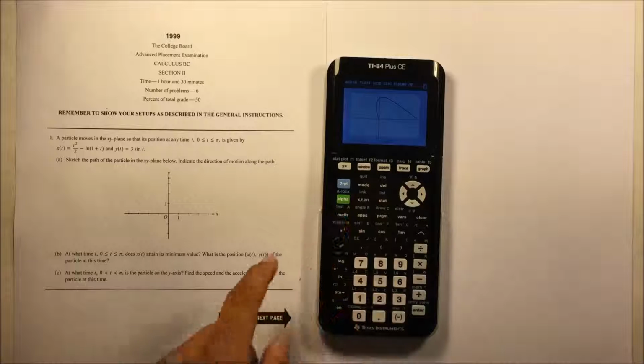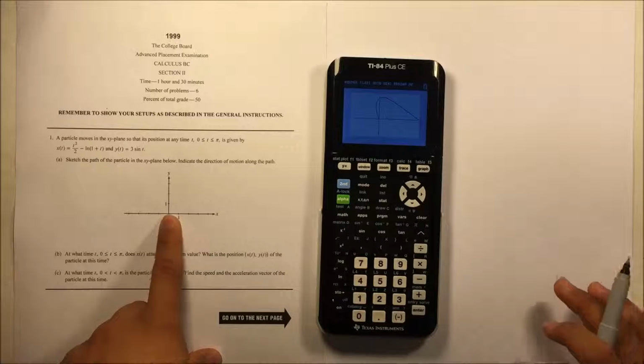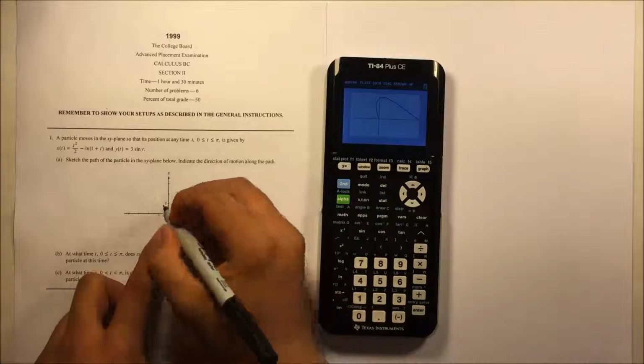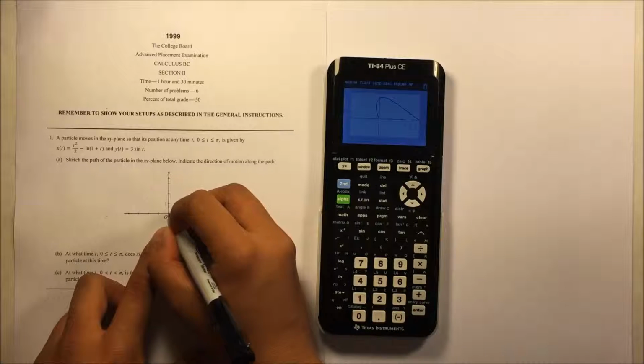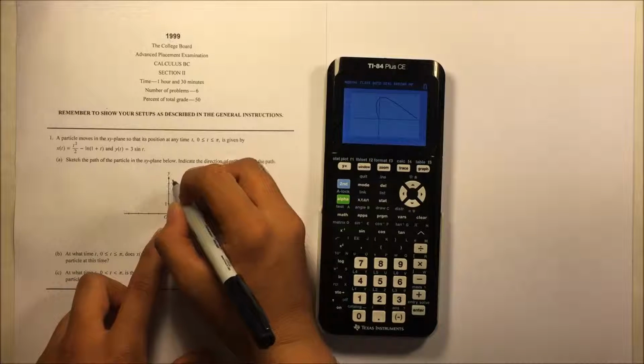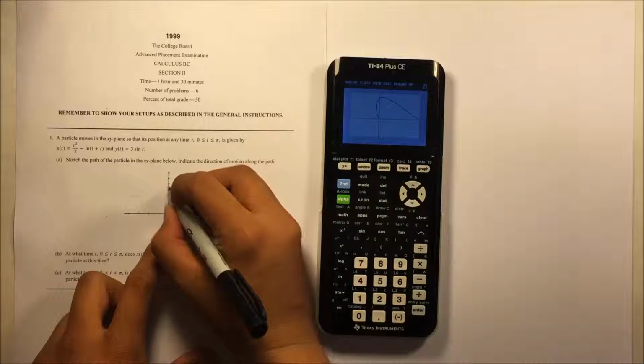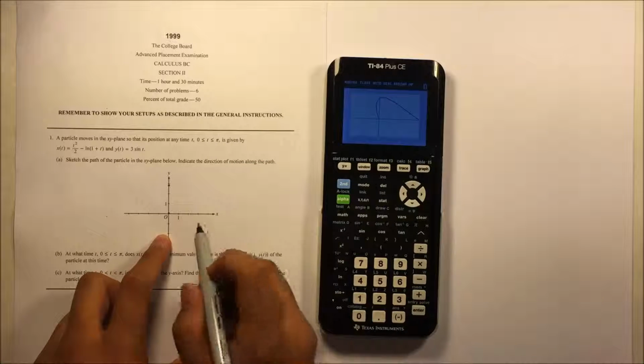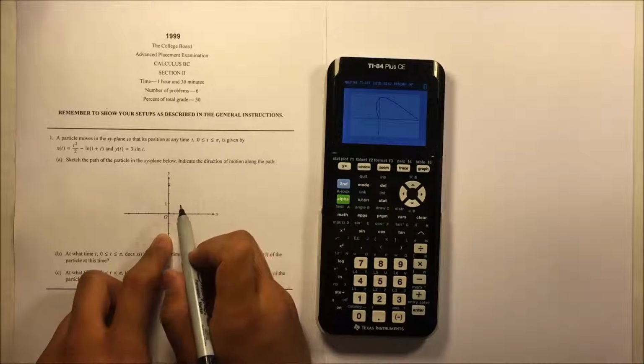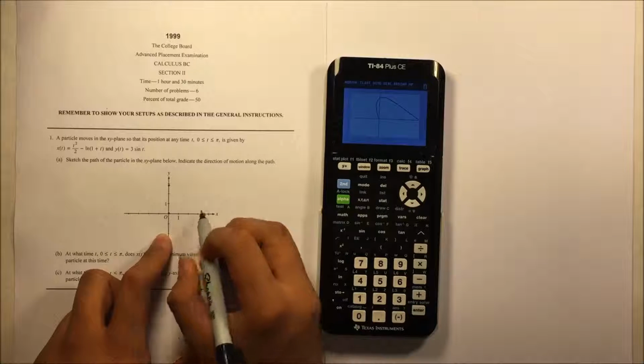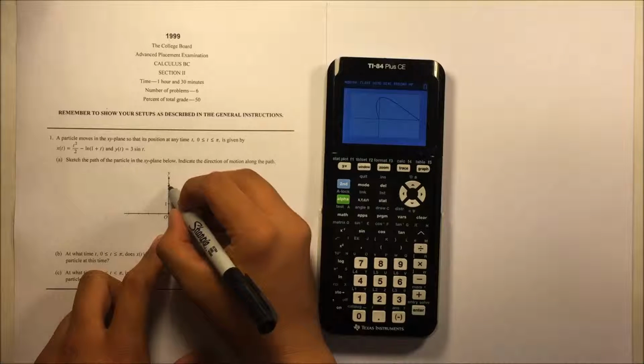Now we can just transfer it over onto our xy plane. It starts at (0, 0), goes to just below 3 on the y-axis, and goes to just above 3.5 on the x-axis. So we simply graph it.